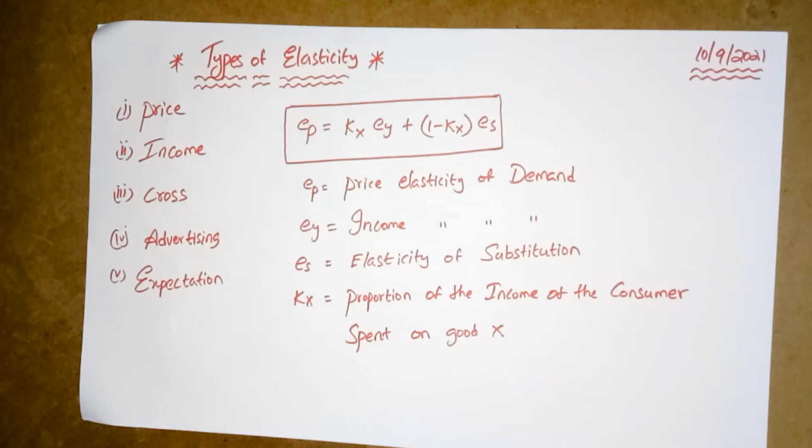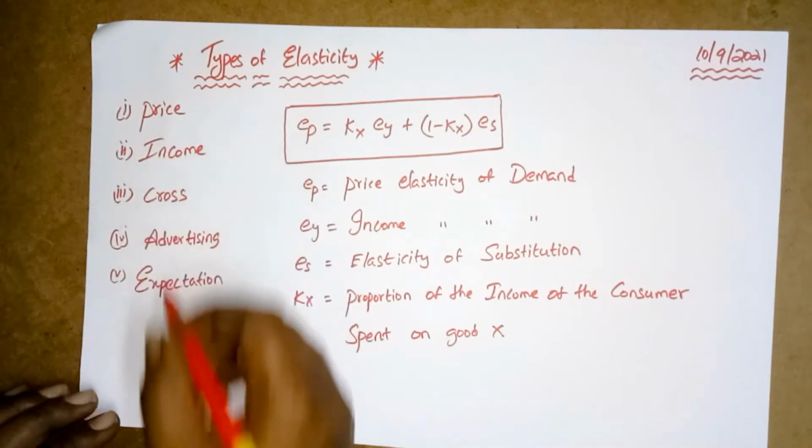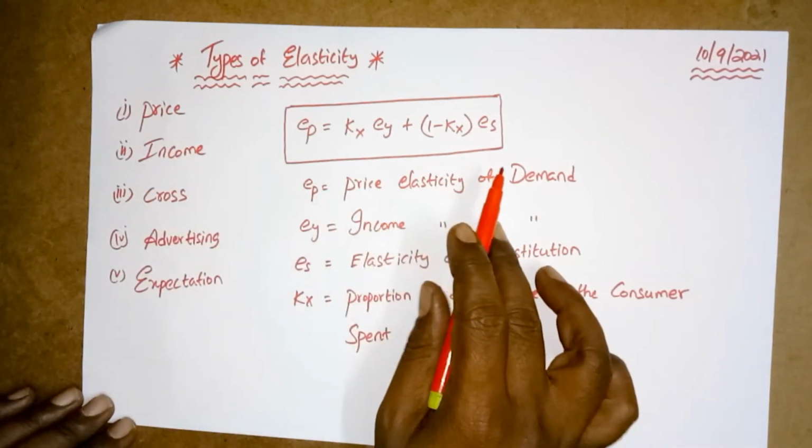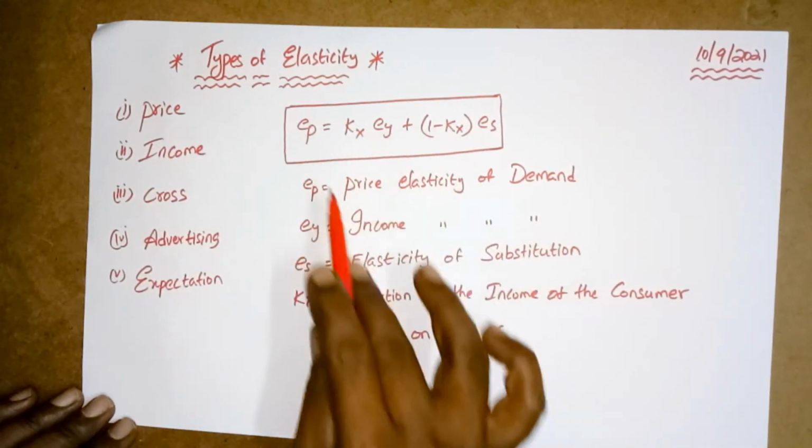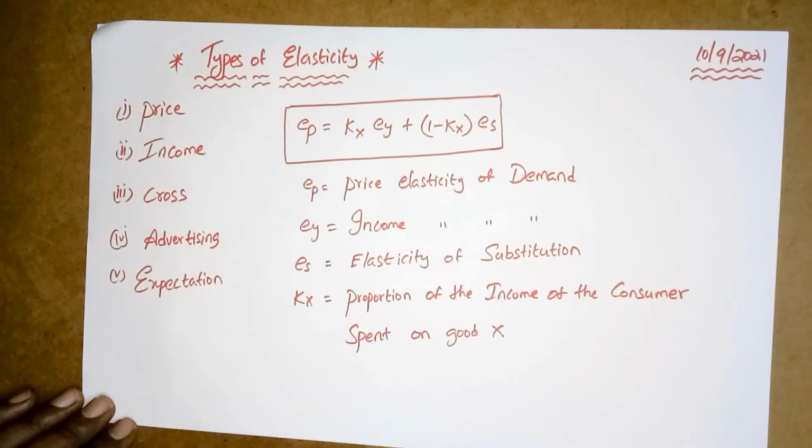If we know any two elasticities, we can always calculate the third, if the proportion of money income spent on the commodity is also given. So if we get a question to explain the types of elasticity, we have to explain these things, writing the formula and the terms related to it. That is sufficient.